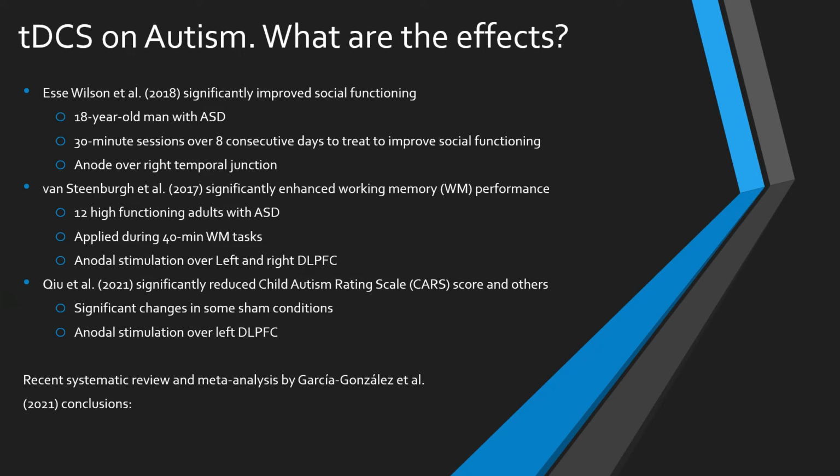In sum, a recent systematic review and meta-analysis conducted by Garcia Gonzalez et al. concluded that although contemporary research covering the effects of TDCS on autism is not proven, it does remain promising, concluding that there is emerging behavioral, social, and learning benefits.